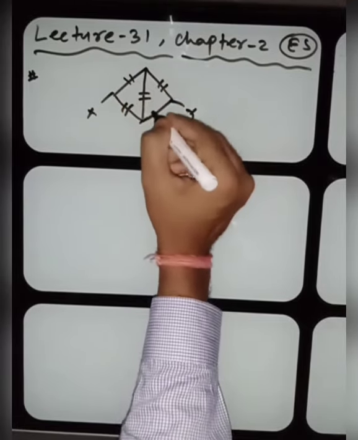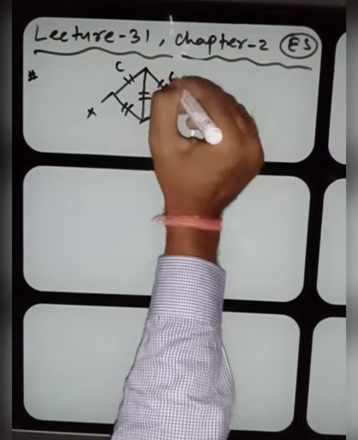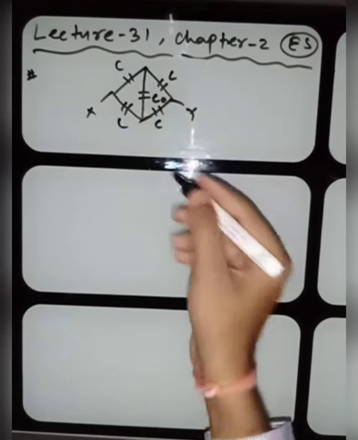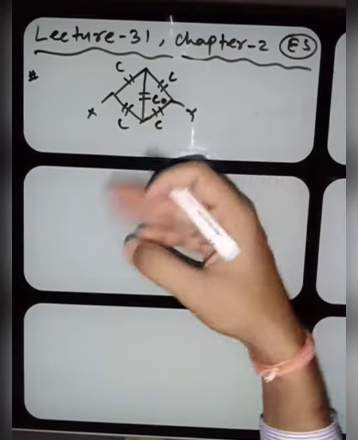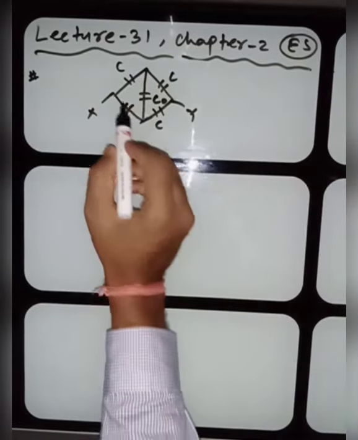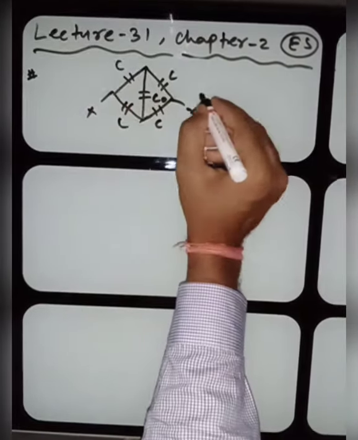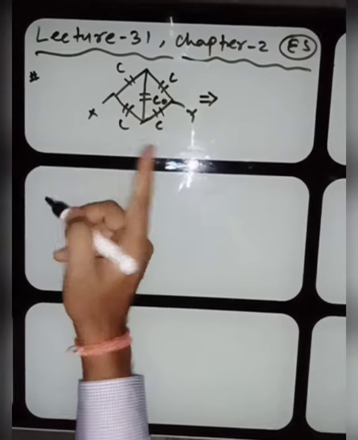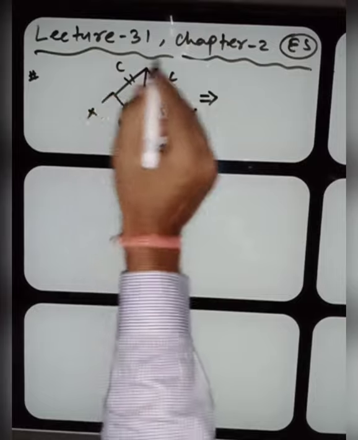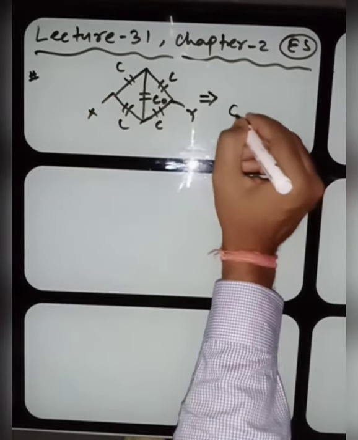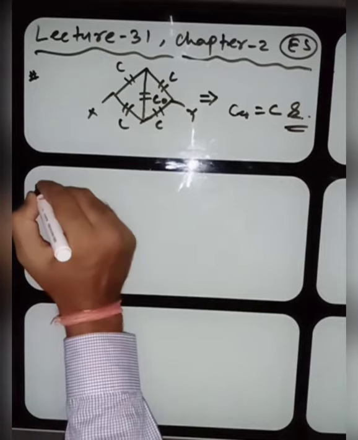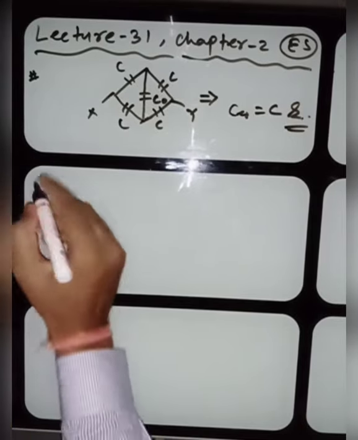If all the capacitors are identical, and whatever this one, C1, C2, because finally it has to be removed from the circuit, if you find all the capacitors identical in a balanced Wheatstone bridge, then the answer will be either one capacitance. So the C equivalent will be C. Remember.